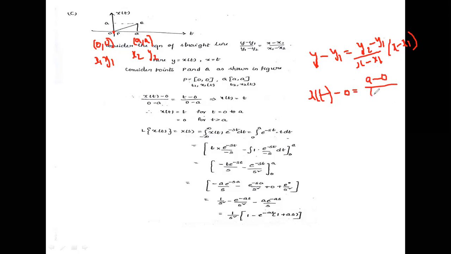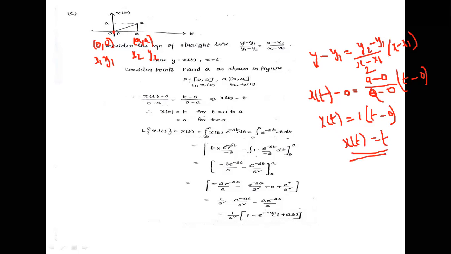The t value. The t minus x1, which is 0. Not that, it is x2, my dear students. x2 is also a. And now here it is x, that is t, minus x1 which is 0. So x of t is equal to a by a, which is 1, into t minus 0. So x of t is equal to t.